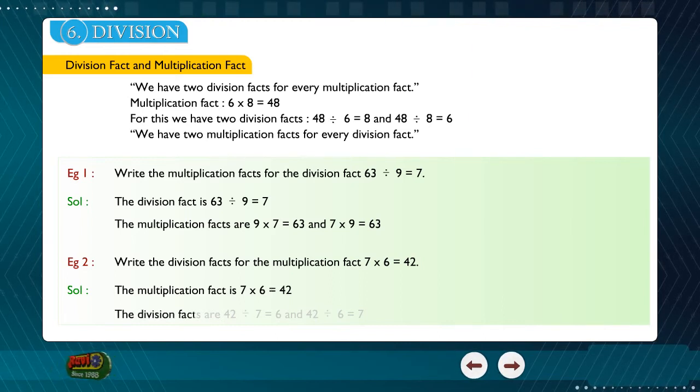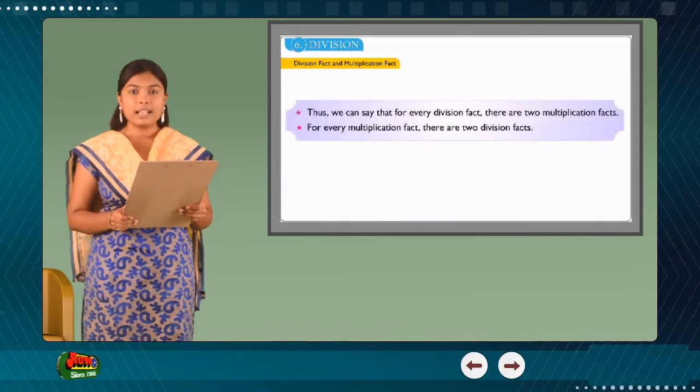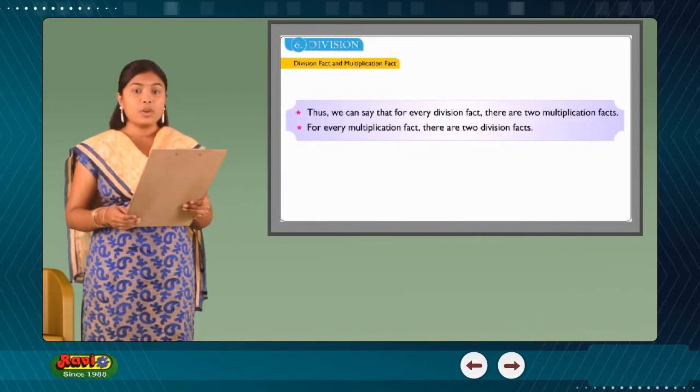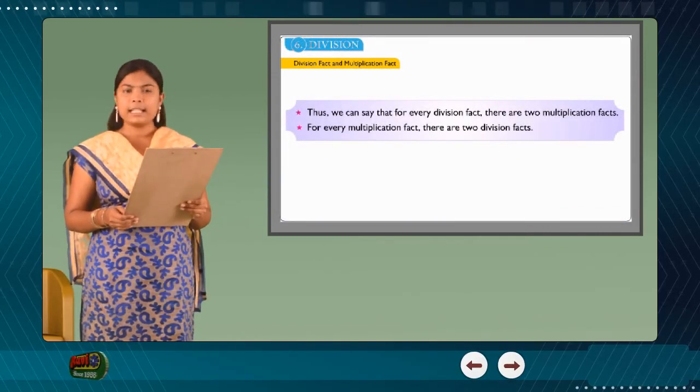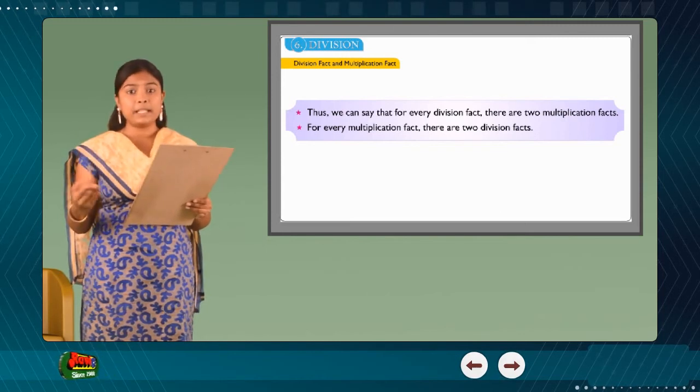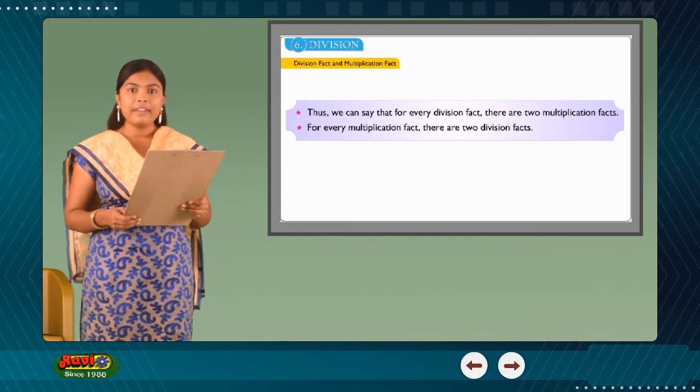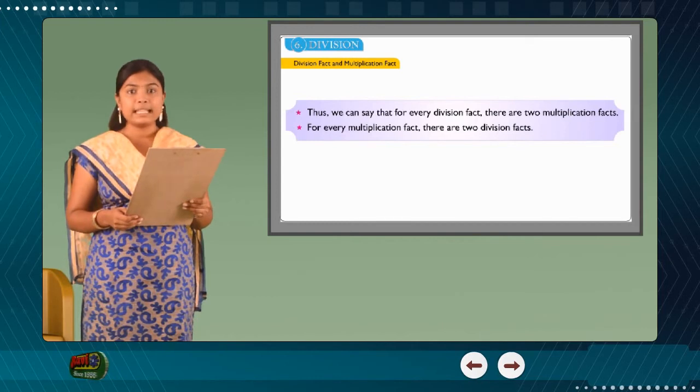The division facts are 42 divided by 7 is equal to 6 and 42 divided by 6 is equal to 7. Thus, we can say that for every division fact, there are two multiplication facts. For every multiplication fact, there are two division facts.